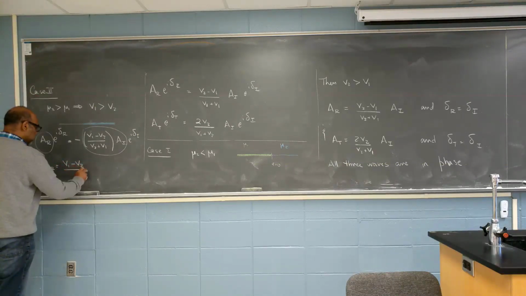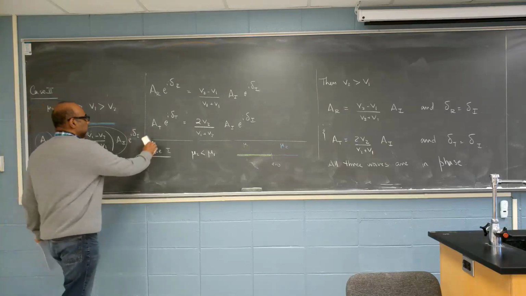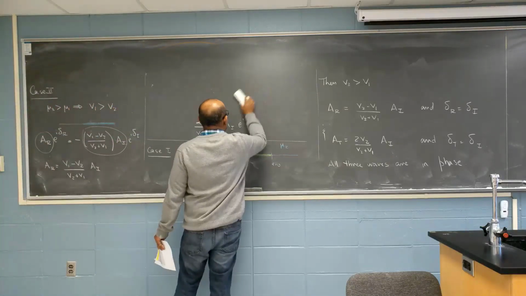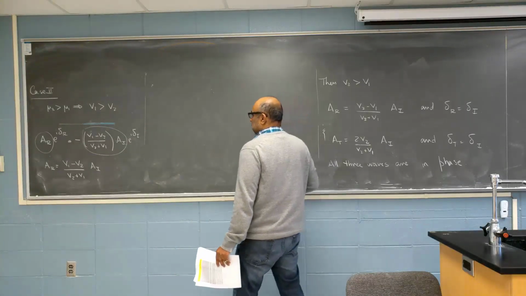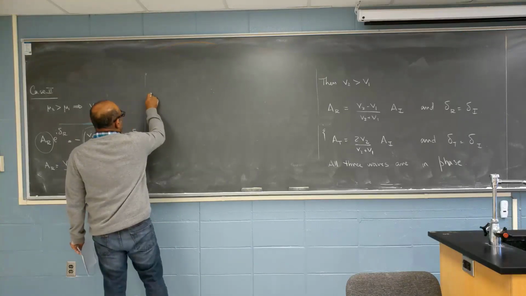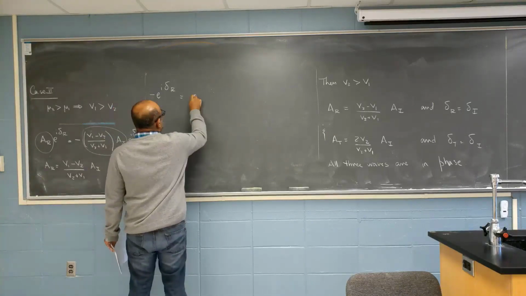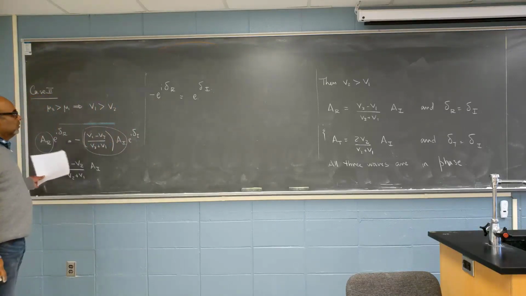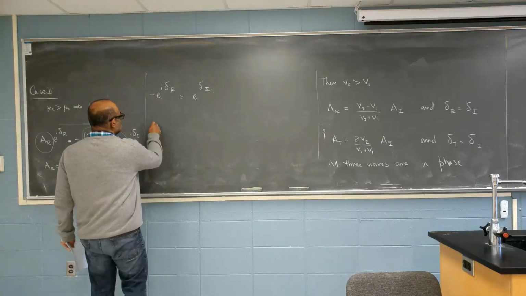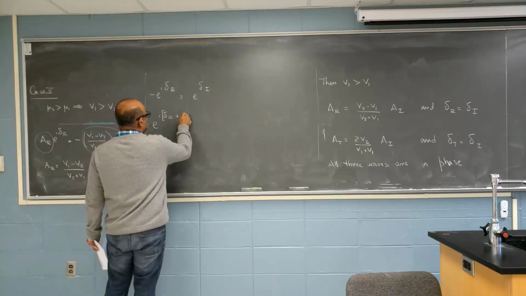We want it to be positive. And then minus e to the i something, with this I can write it as e to the i (delta R plus pi).